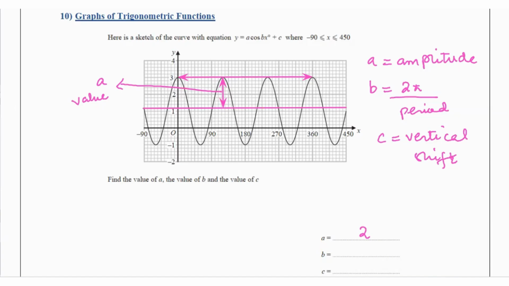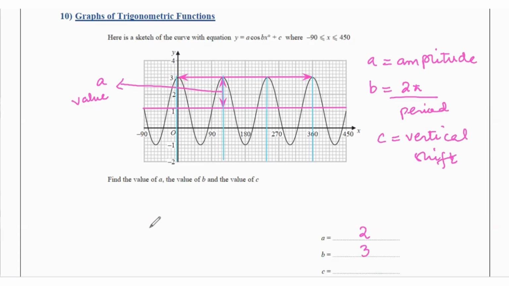If I color code this, this is your 1st wave, this is the second wave, and this is your third wave. So 3 waves between 0 to 360. The b value is going to be 3 because from 0 to 360, we're making 3 complete waves.